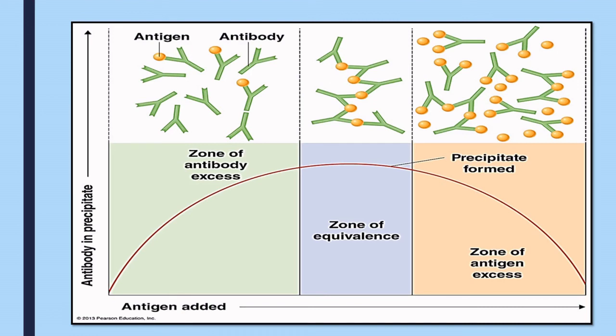So only the zone where concentration of antigen and concentration of antibody are in equal concentration will give us a visible line, which will be called precipitin. Precipitate will be formed, and that could be called a line of precipitation. This is all about the principle of precipitation. Okay.